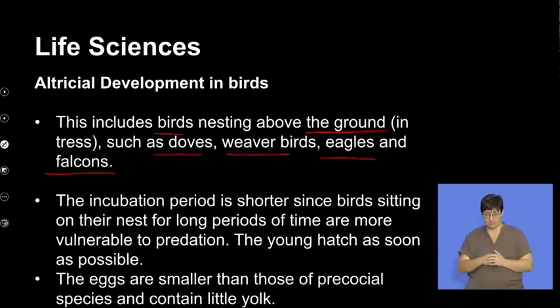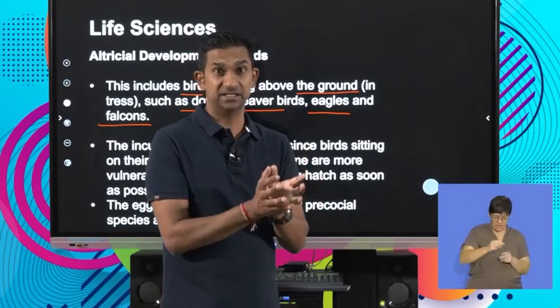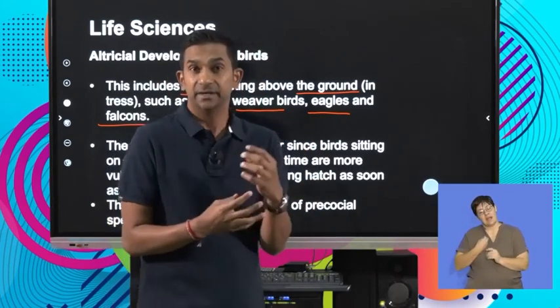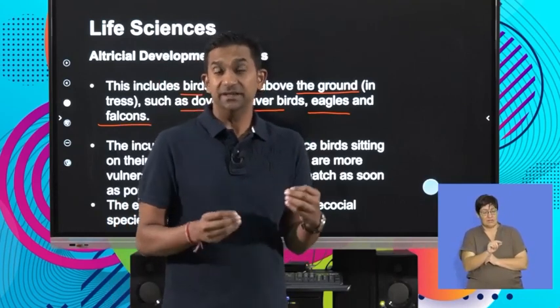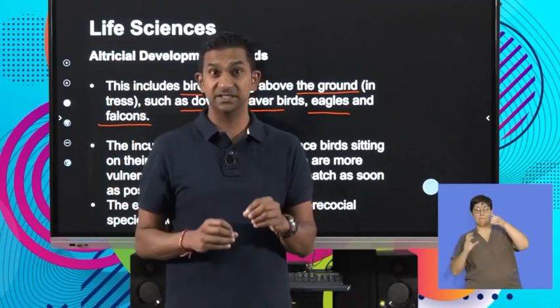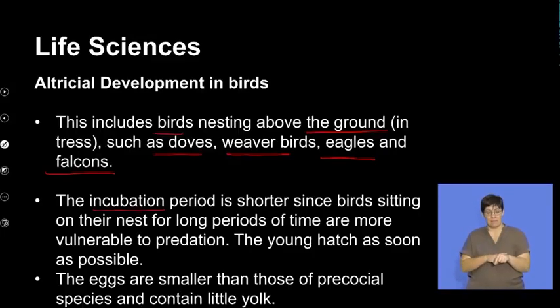So these perch high up in trees away from predators, because when these young hatch, they spend extensive periods of time in their nest, depending on their parents to bring them food. And so as a young developing chick, their safety depends on being isolated in an area where predators cannot easily access them. So you'll find that the incubation periods are much shorter when we compare that to your precocial birds.